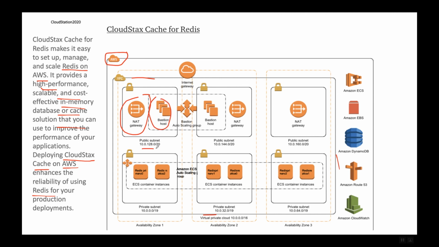You're using a 128.0.20 CIDR, and then you're putting the bastion auto scaling group, which is here. Then you have a NAT gateway. Then you have ECS EC2 here, and then you have a Redis primary and Redis replica. Same here. So you have a primary, then you have a replication, and then also at this level you have an auto scaling group.